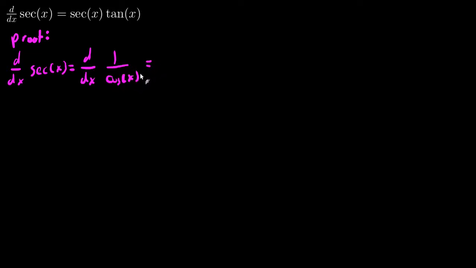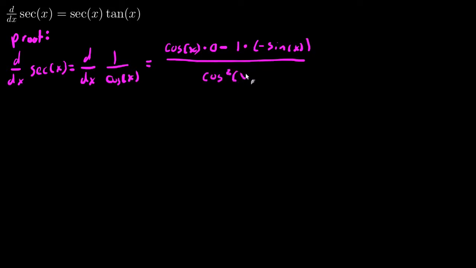So quotient rule says I do the bottom function, cosine of x, times the derivative of the top. Well, the derivative of 1 is 0, minus the top function, 1, times the derivative of the bottom. The derivative of cosine is negative sine, all over the bottom function squared, so cosine squared x.